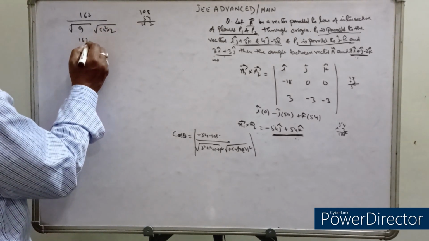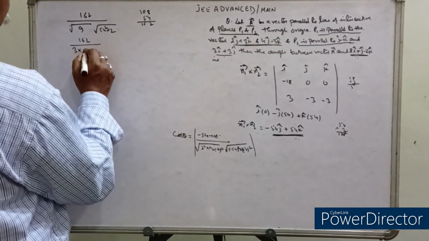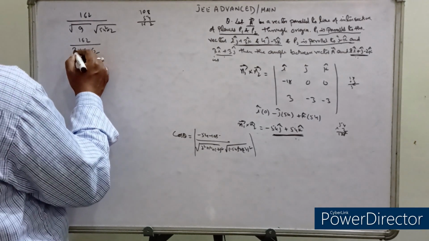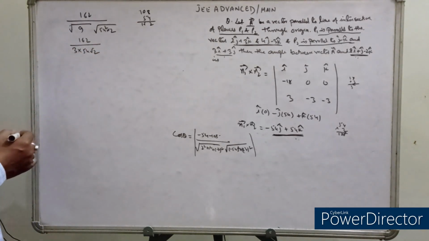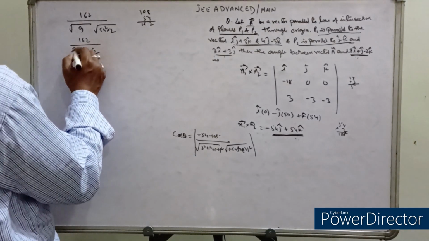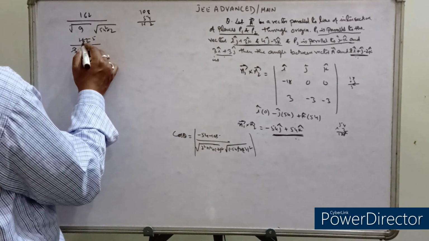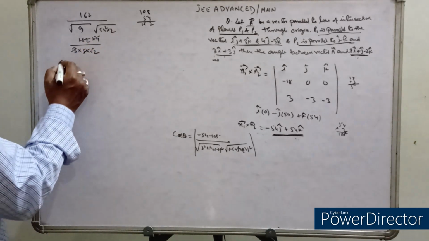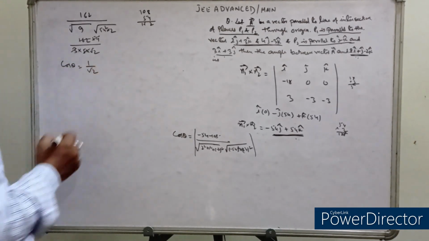So 162 divided by 3 into 54 root 2. 3 4s are 12, 3 5s are 15, 3 5s are 15, and 3 4s are 12. So 54 cancels out. So your cos theta is 1 by root 2.